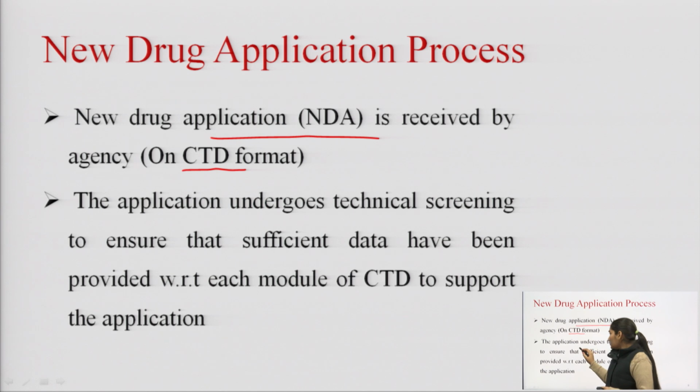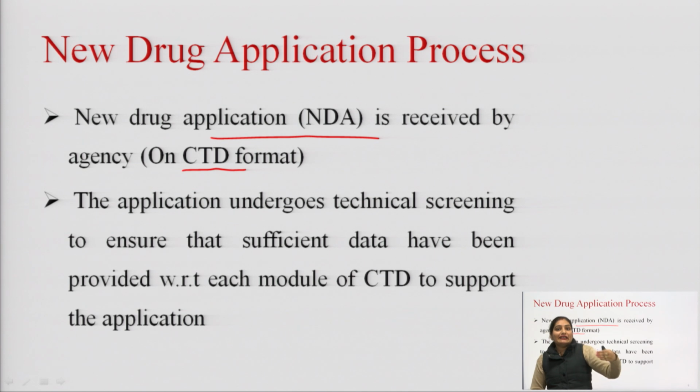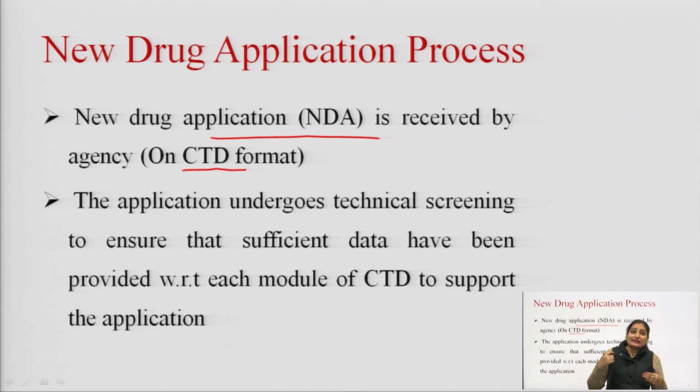After getting the application, the review committee will screen this application for the technical requirements, for the technical details, and the application undergoes the technical screening to ensure the sufficient data have been provided with respect to each module of CTD just to support the application.